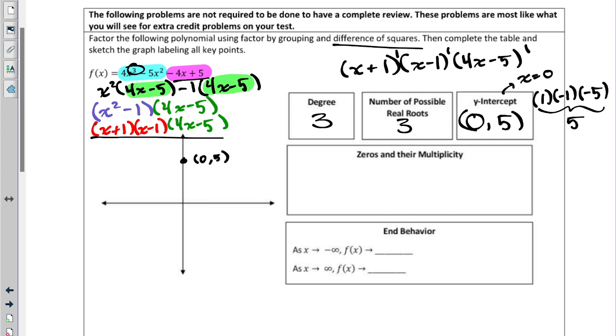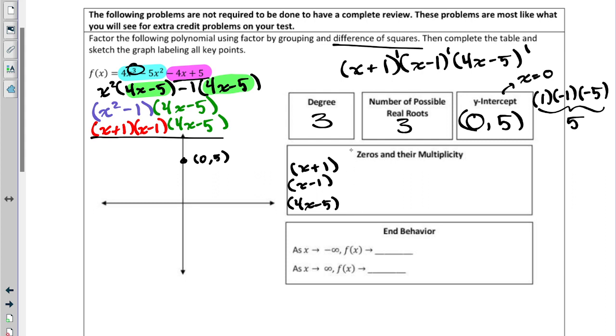Okay? Zeros and their multiplicities. These are the x-intercepts. These are the values of x that make my function have an output of 0. And the way that we figure these out is by looking at our sets of parentheses. We are going to figure out the values of x that turn these parentheses into 0, because they're all multiplying each other.